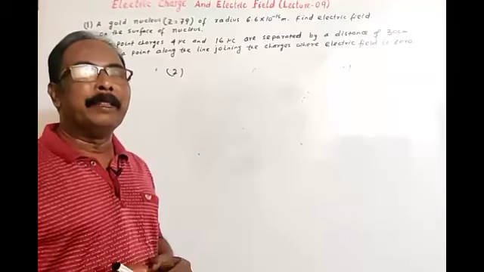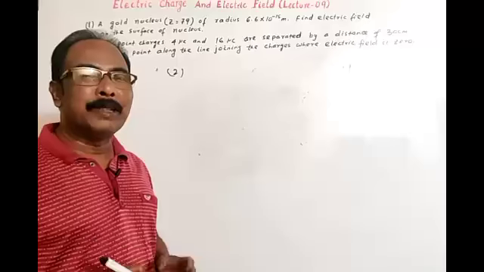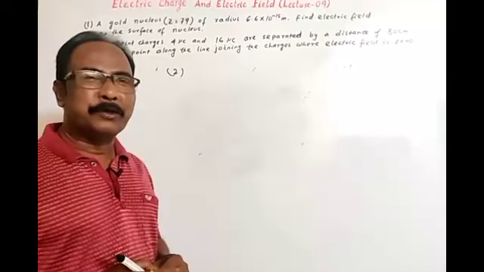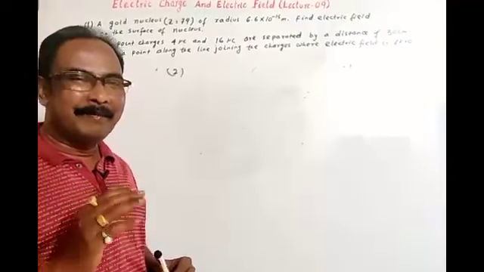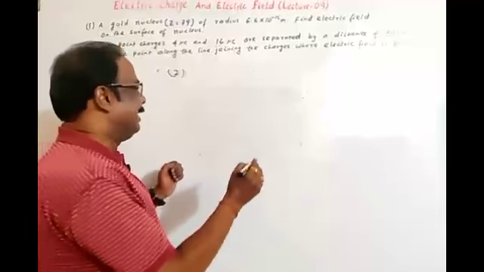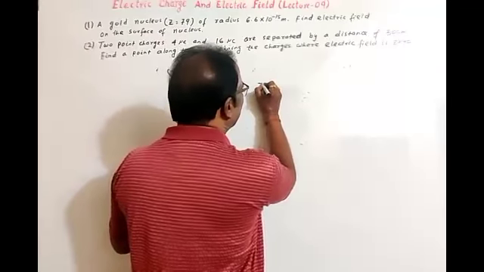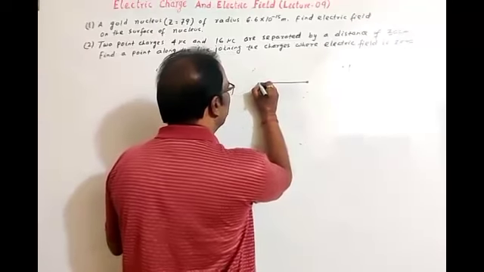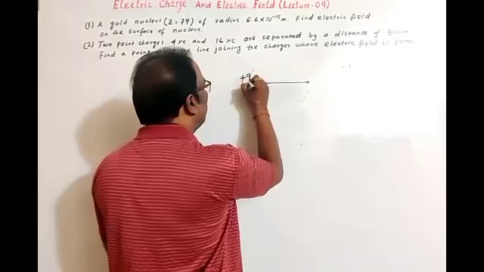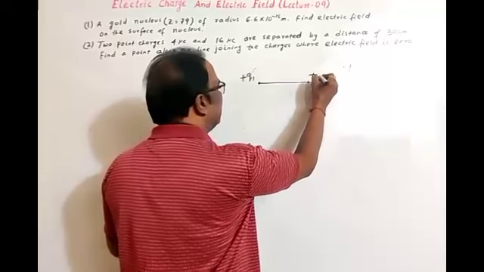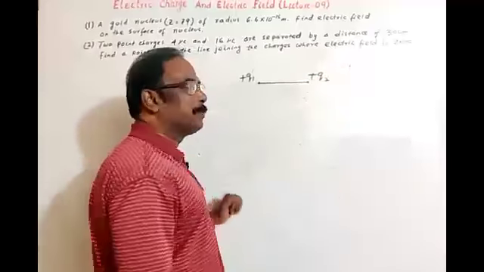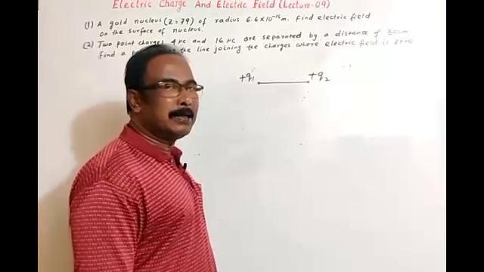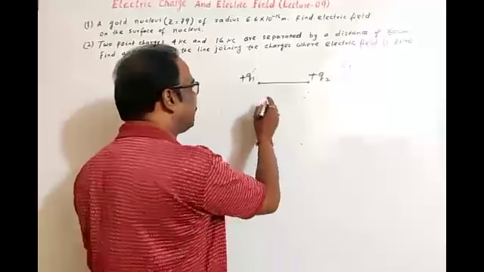Okay, before discussing the question, let's analyze some similar form of questions. Let's consider these are positions of 2 point charges, and 2 point charges are respectively plus q1 and plus q2. Means both the point charges are of similar nature, positive and positive.